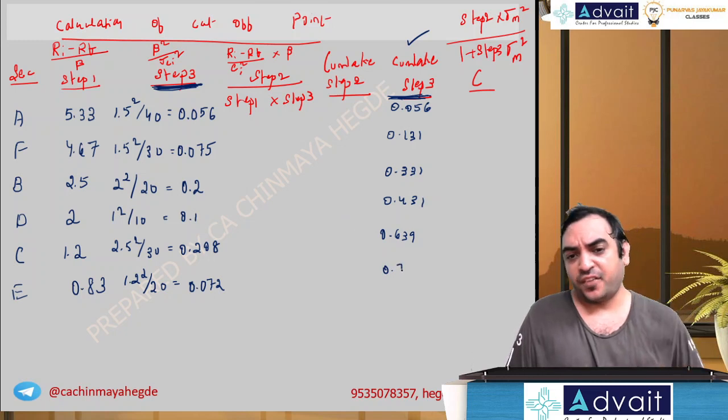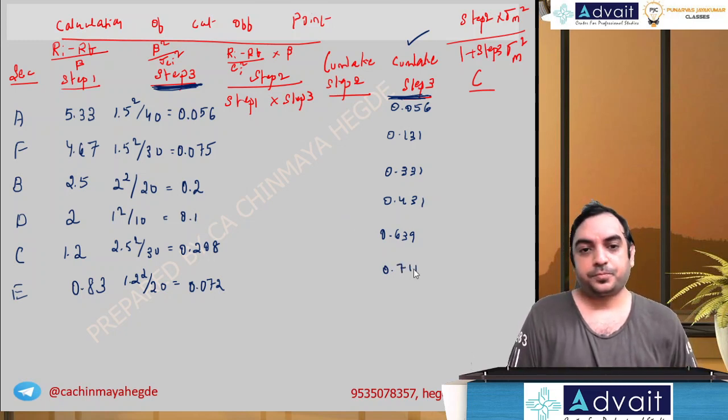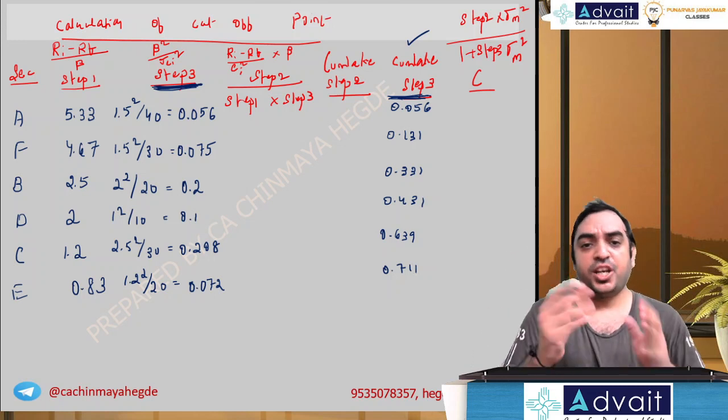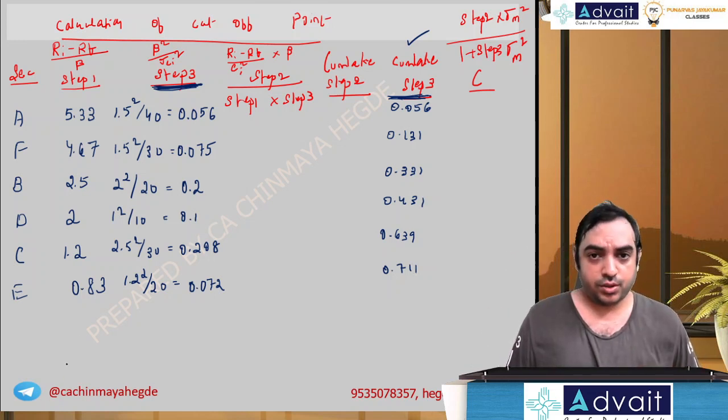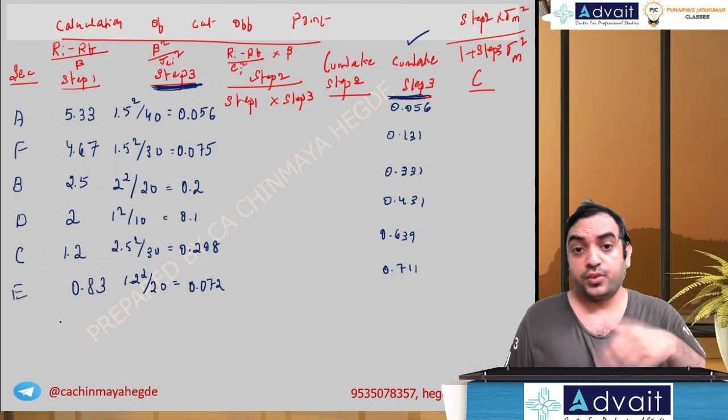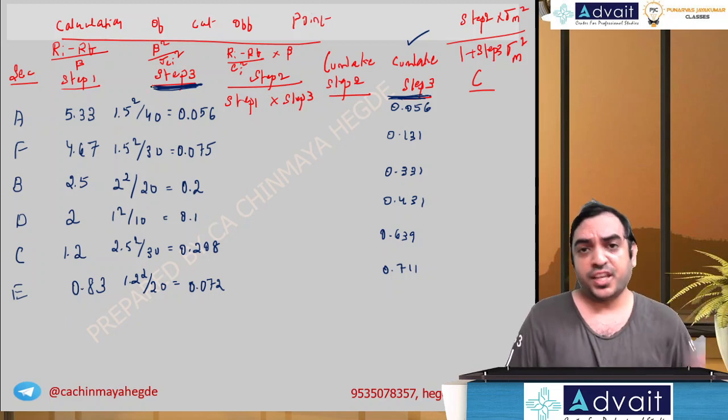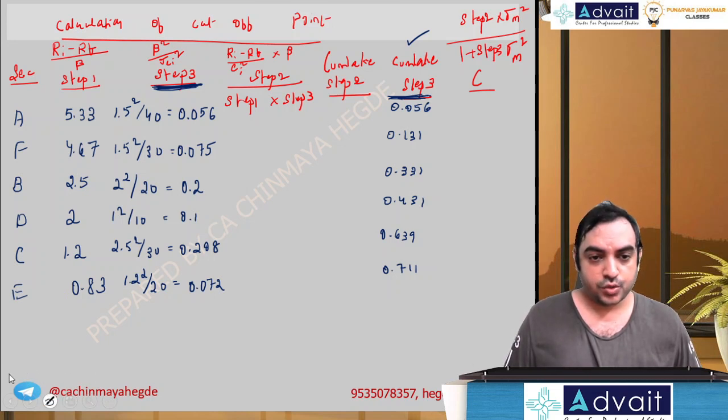Cumulative means adding one after another. So 0.056, 0.131, 0.331, 0.431, 0.639, 0.711. Clear? Now we'll come to step 2, which is the multiplication of the previous two columns. I'll use a different color so we can understand.